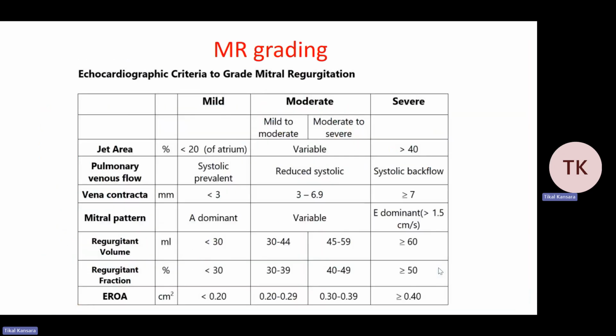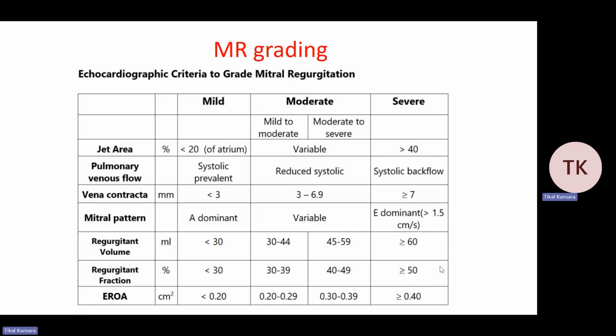So the very easy way to classify severe MR is 4, 5, 6, 7. The EROA of 4, regurgitant fraction of 0.4, 50%, regurgitant volume of 60 ml, and vena contracta of 7 millimeter. So 4, 5, 6, 7 is a very easy way to remember. If it's severe, you should have EROA, that is effective orifice area, from which the MR is happening, of 0.4 centimeter square.